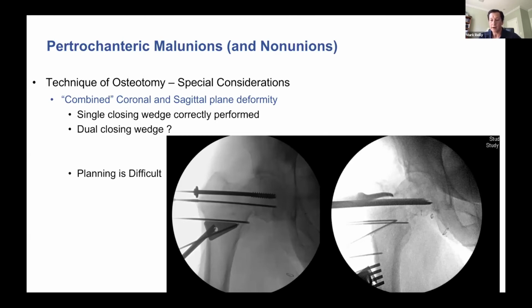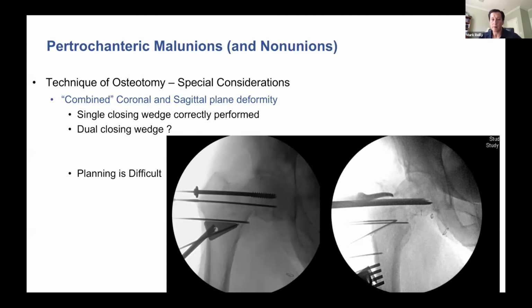One is more cranial than the other. That's for a 10-degree correction in the sagittal plane. So I didn't have the lateral view, but if you were to look at those two wires on the lateral plane, they would be at 10 degrees to the orientation of the proximal fragment. And so now if I use those wires for my osteotomy, I can both get my coronal plane correction that I planned for, as well as getting now a sagittal plane correction that'll allow me to correct what is typically a flexion deformity in these injuries.